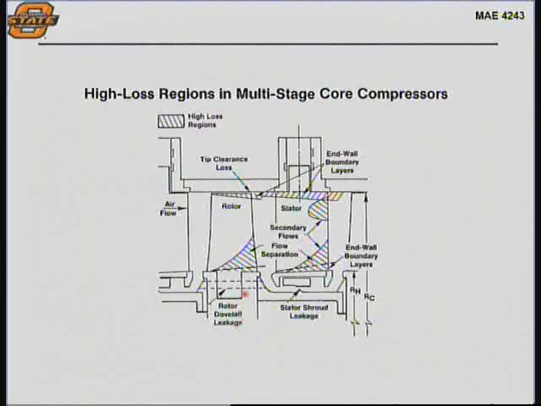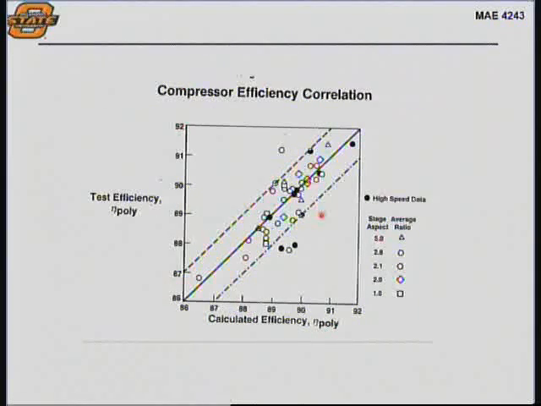Here's another way of indicating where some of the high loss regions are in a multi-stage core compressor: the end wall boundary layers, the separations, the secondary flows through the turbomachinery. These one-dimensional simple loss models, semi-empirical, are really pretty good.